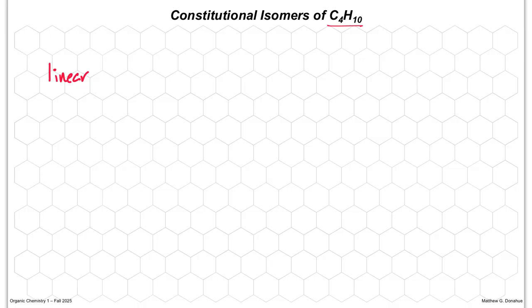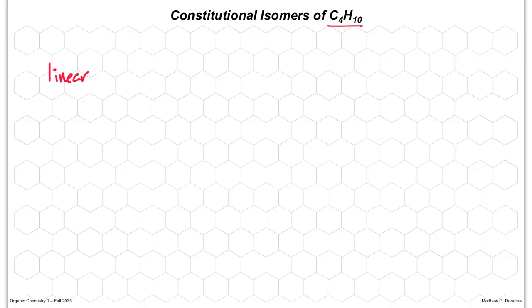For any molecular formula, and again, C4H10 only has 2, but as we go up in carbon count, the number of possible isomers increases pretty fast. So when you're figuring these out, you want to do it in a very logical manner.